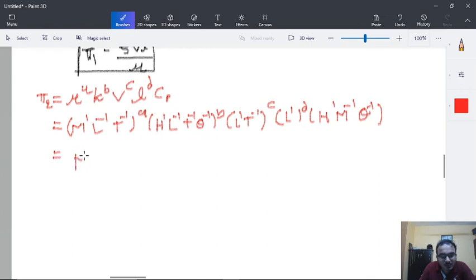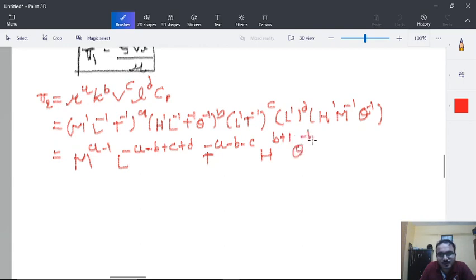So here we will be getting M raised to a minus 1, L raised to minus a minus b plus c plus d, then the time parameter, that is minus a minus b minus c, then we have the H term, that is b plus 1, and then we have theta, which is minus b minus 1.